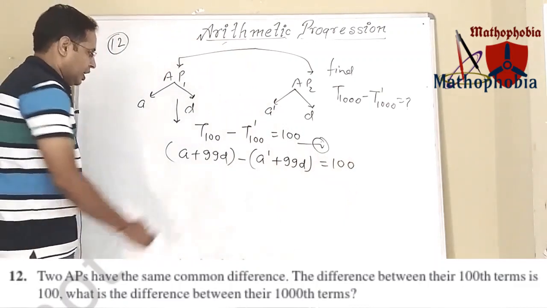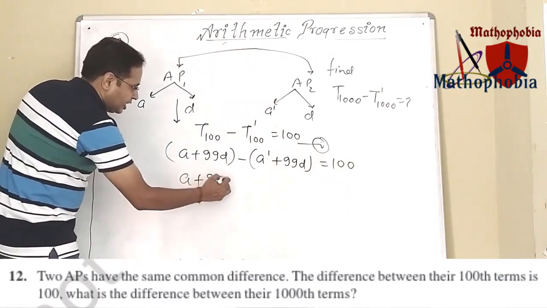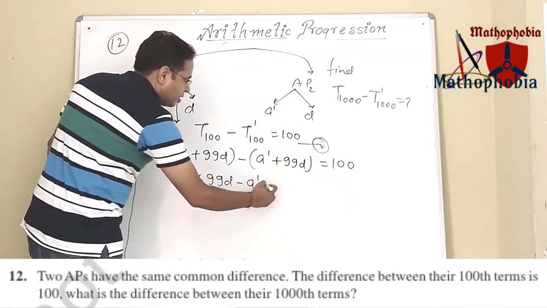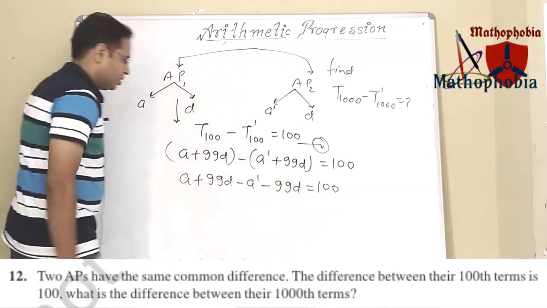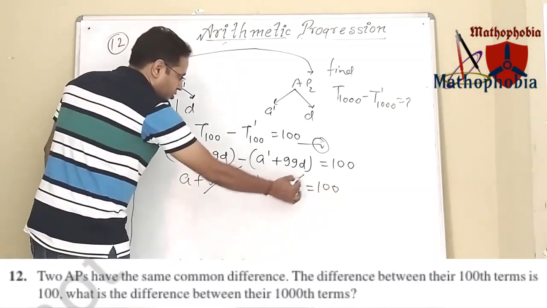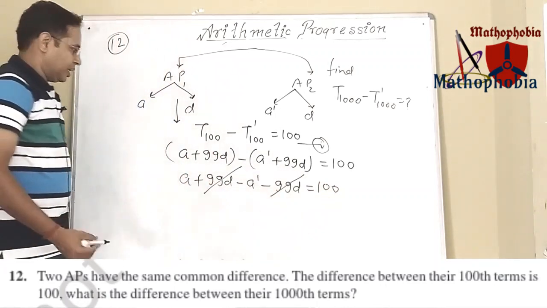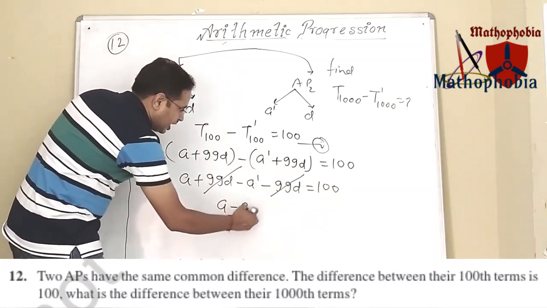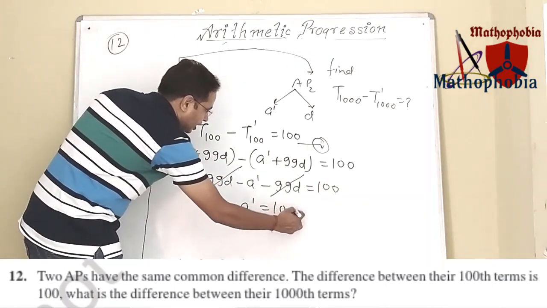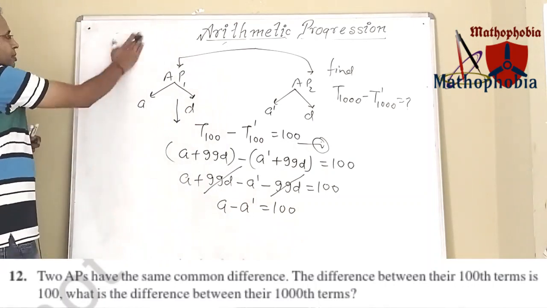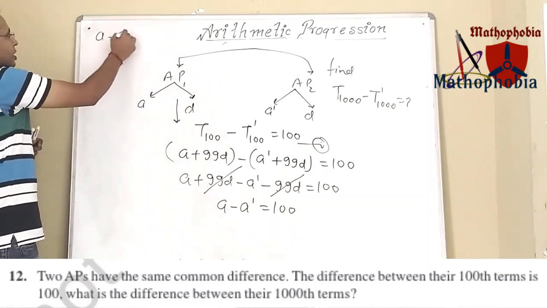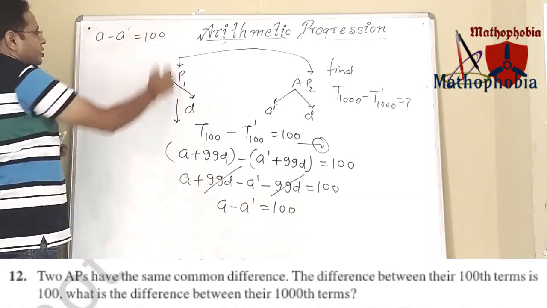So what I'll get is A plus 99D minus A dash minus 99D equals to 100. So the plus 99D and minus 99D will cancel out. You'll get A minus A dash equals to 100. Please note it down.